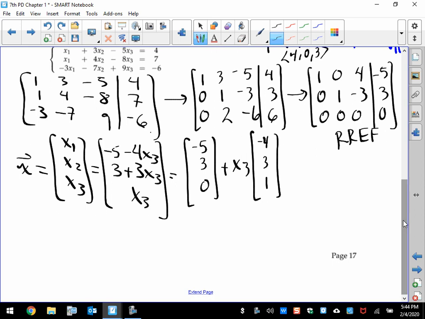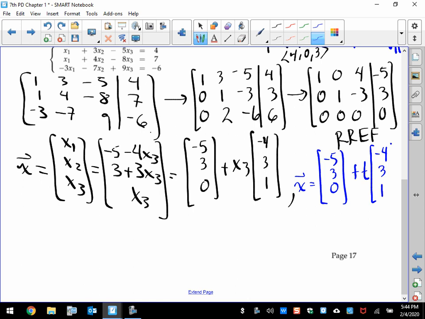So now I can write this, let's write it in a different color. This is the parametric vector form: x equals the constant vector plus t times (-4, 3, 1). We'll just let x3 be t. There we go, the parametric vector form of the solution.